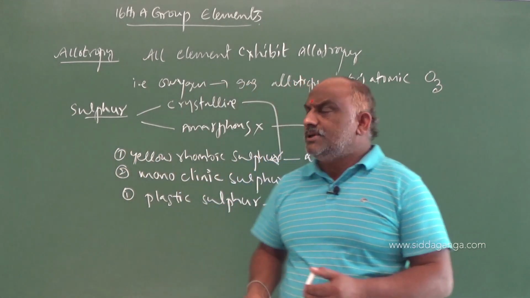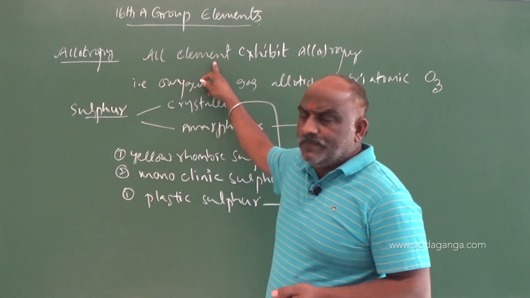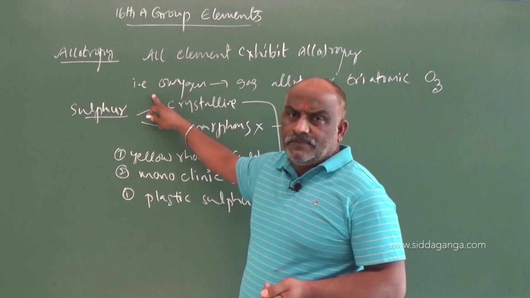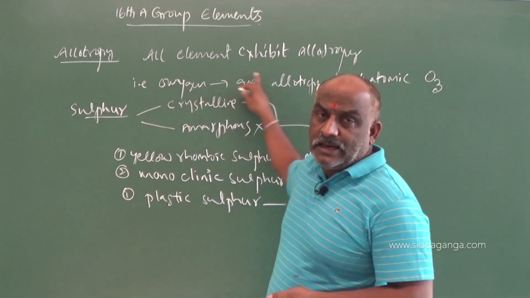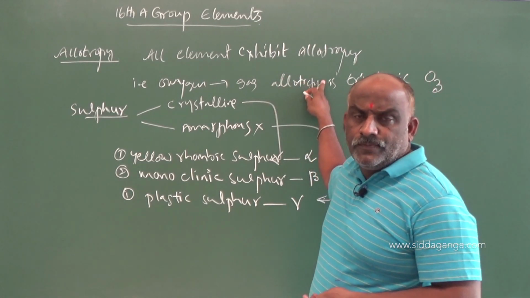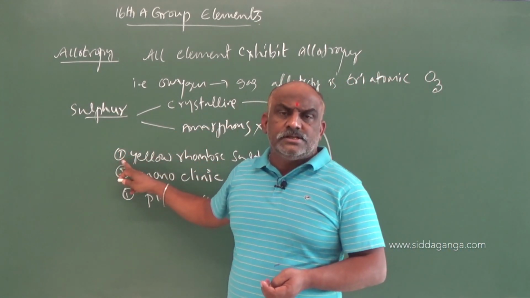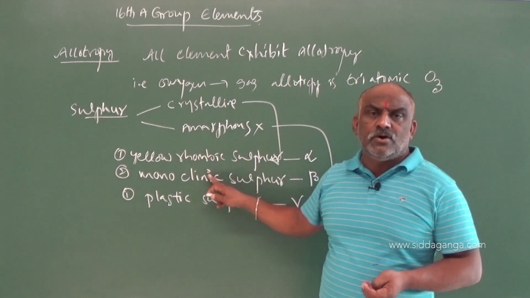Make a note, my dear students, all elements exhibit allotropes. Dioxygen in gaseous state exhibits an allotrope named triatomic oxygen. Triatomic oxygen is called ozone. While coming to sulfur, it is available in two forms. One is crystalline solids, second one is amorphous.